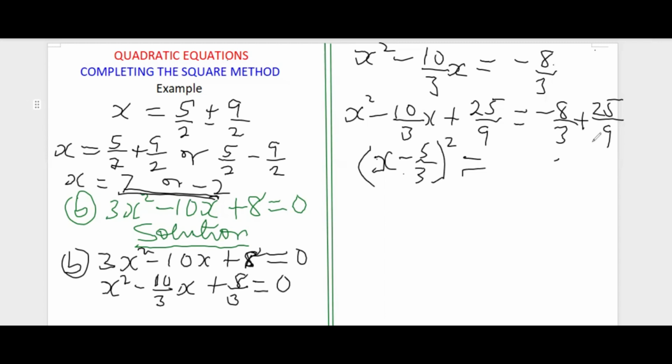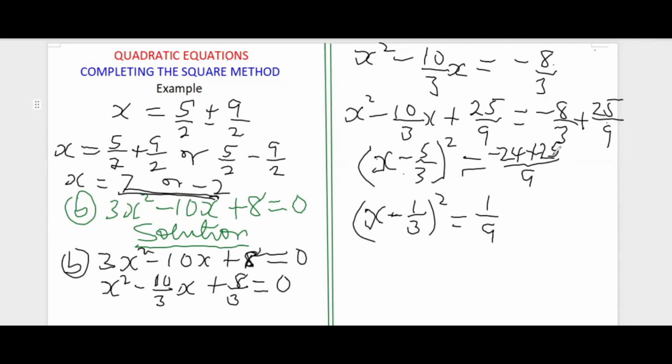The LCM is 9. 9 divided by 3 is 3, 3 times minus 8 is minus 24. Plus, 9 goes into 9 one time, 1 times 25 is 25. So from here we have x minus 5 over 3 all squared equals negative 24 plus 25, which is 1 over 9.